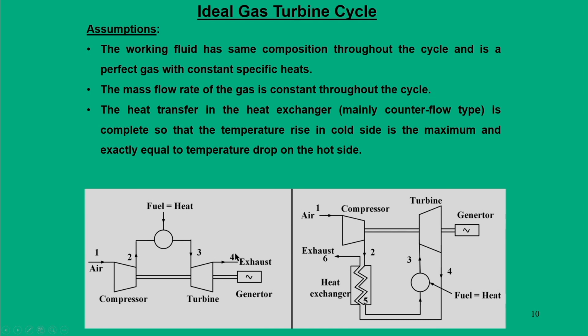So, in order to tap that heat, we use a heat exchanger that takes the heat from the exhaust and preheats the compressed air. This is the main motive, to increase the efficiency of the cycle by incorporating a heat exchanger. So, these two are known as ideal gas turbine cycles, one the simple cycle, the other the heat exchange cycle.